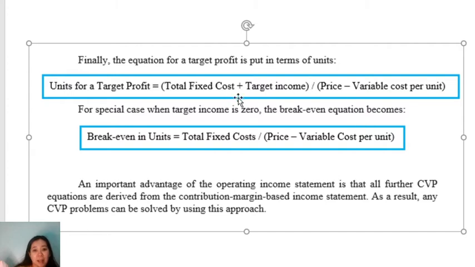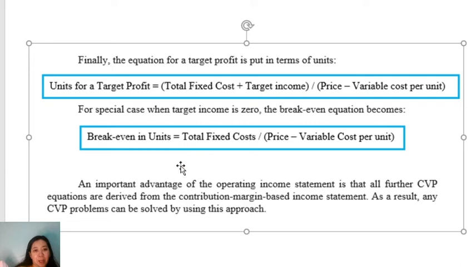However, we just added the target income in the numerator. So to solve for the units for a target profit, all you have to do is add total fixed cost and your target income, divided by your contribution margin per unit, or price minus variable cost per unit.